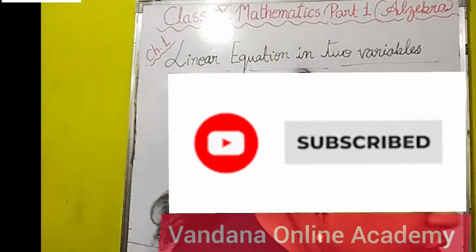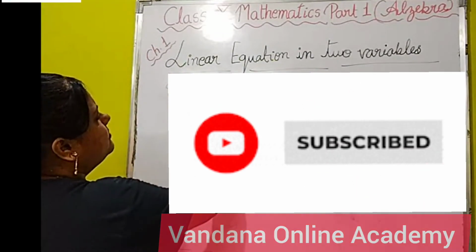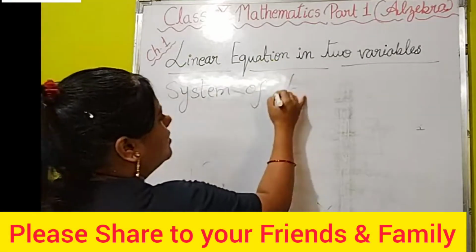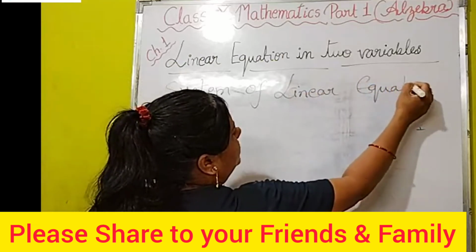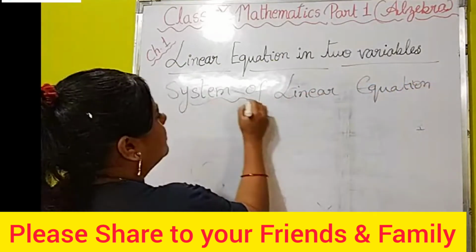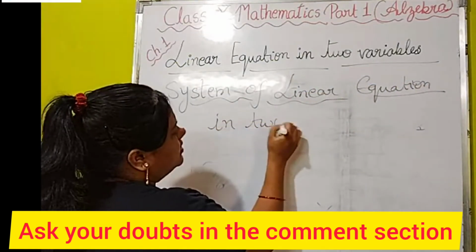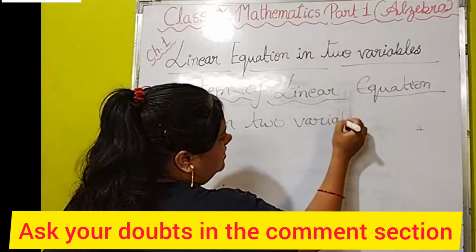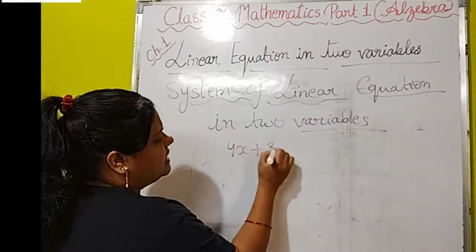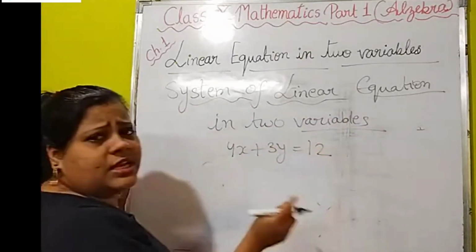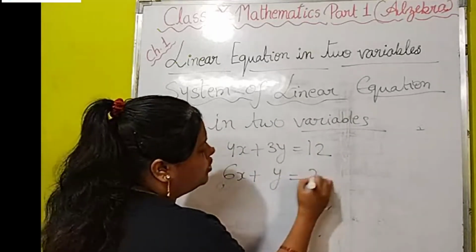See students, suppose we have the equation 4x plus 3y equals to 12, and again 6x plus y equals to 24.